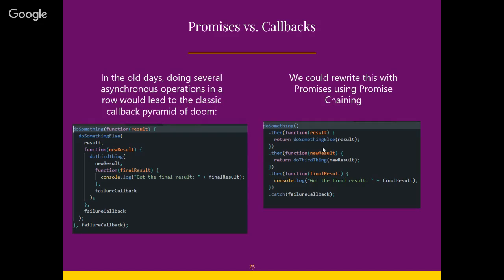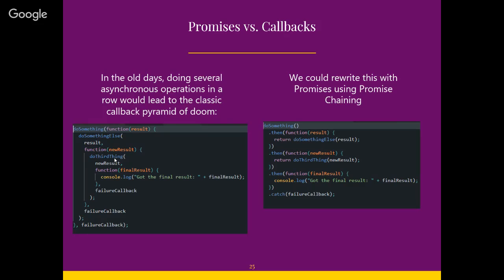Here we can see an example of how a series of callbacks produces the pyramid of doom. Notice how we have this triangular shape here of the code. It's some kind of pyramid, and it's called the callback pyramid of doom. Notice how the do third thing function here is nested 3 levels deep.